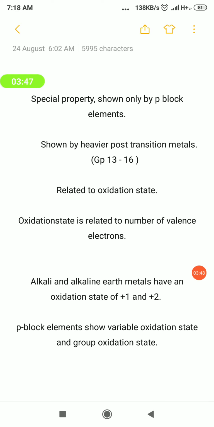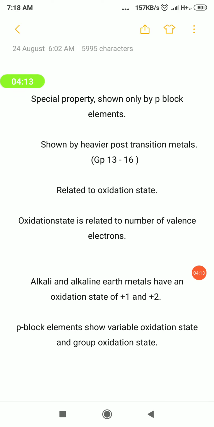What is the general oxidation state of alkali metals? Since they possess one electron in their outermost shell, their oxidation state will be +1. While bonding, they lose that one electron and become +1. Likewise, alkaline earth metals possess two valence electrons, so when bonding occurs, they lose those two electrons and become +2 oxidation state.